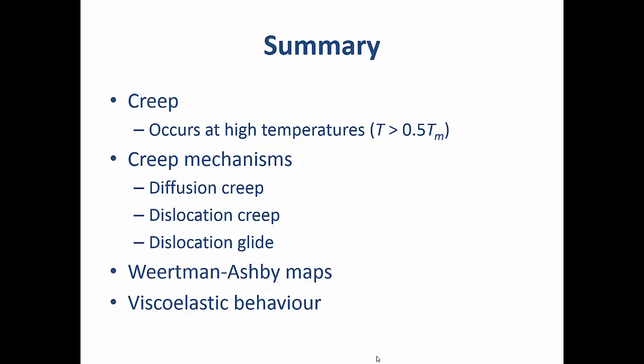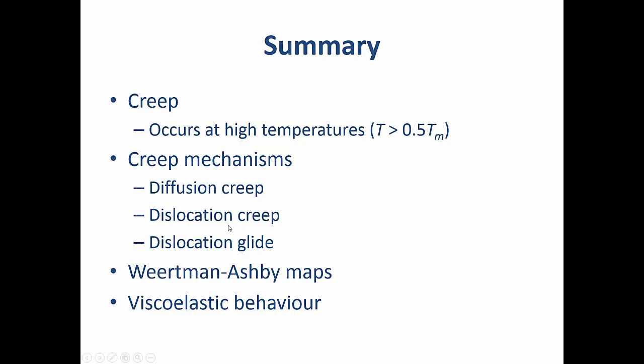Really the primary part of this lecture has been on creep, which occurs at high homologous temperatures, generally homologous temperatures greater than 0.5. The creep mechanisms are often diffusional, and that included Coble creep, which involves diffusion along grain boundaries, Nabarro-Herring creep, which involves diffusion through the bulk material, and then Harper-Dorn creep, which is dislocation climb linked to diffusion.